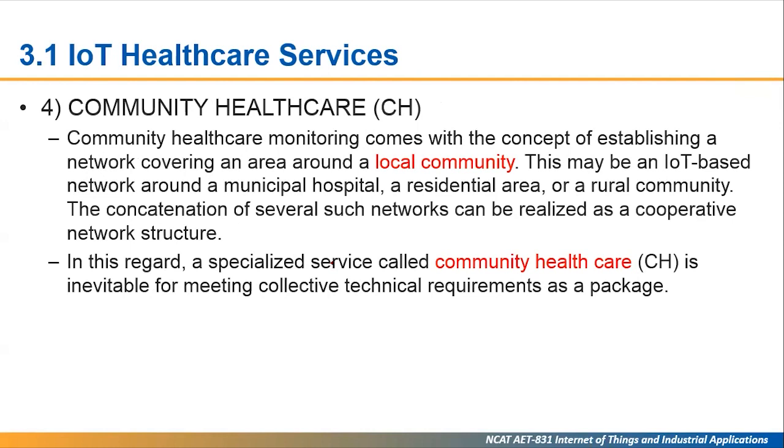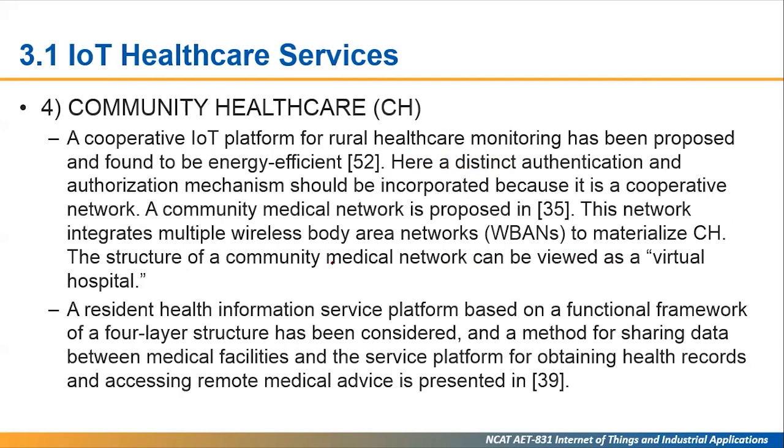The concatenation of several such networks can be realized as a cooperative network structure. In this regard, a specialized service called community healthcare is inevitable for meeting collective technical requirements as a package. So we also have some recent development of the community healthcare, which is illustrated in this slide.